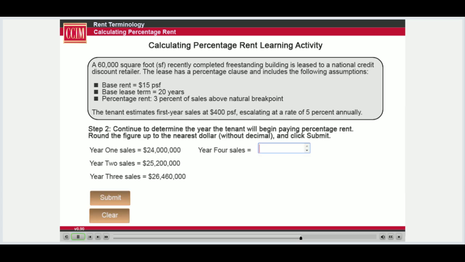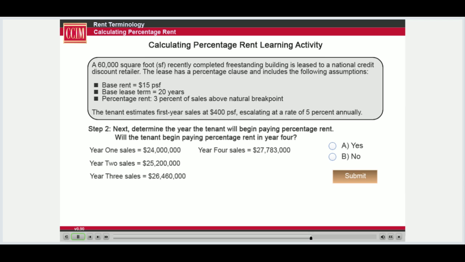Continue to determine the year the tenant will begin paying percentage rent. Round the figure up to the nearest dollar without decimal and click Submit. Will the tenant begin paying percentage rent in year 4?